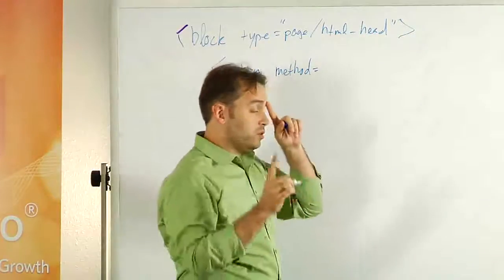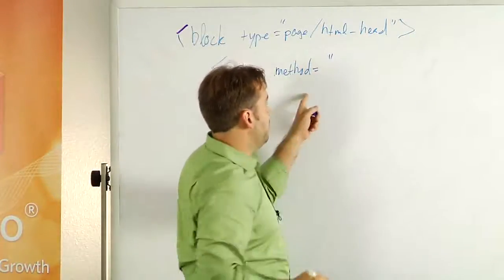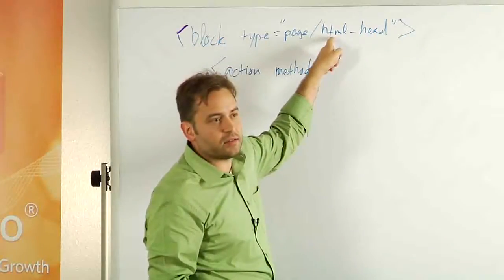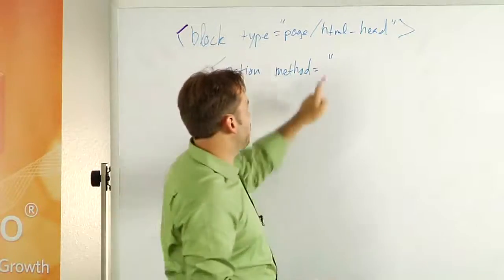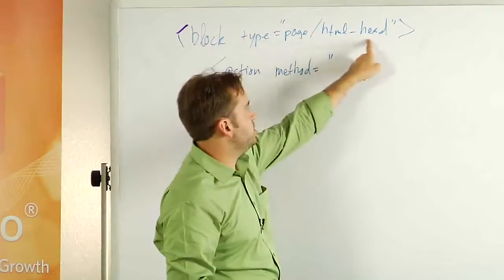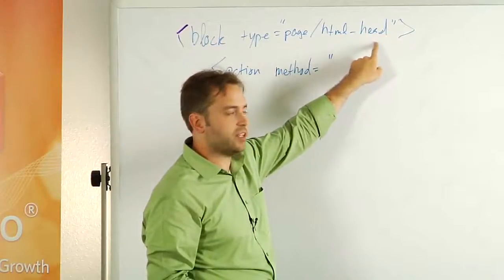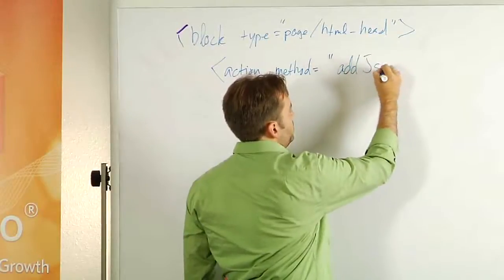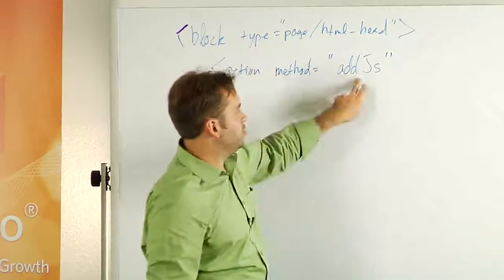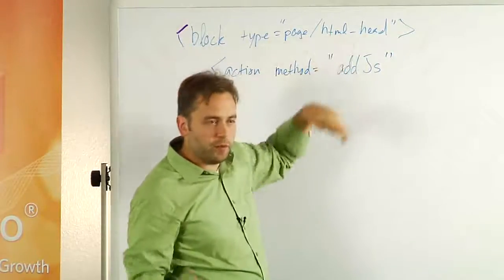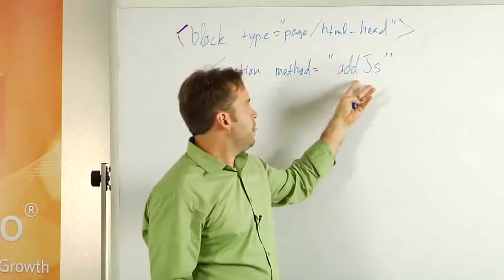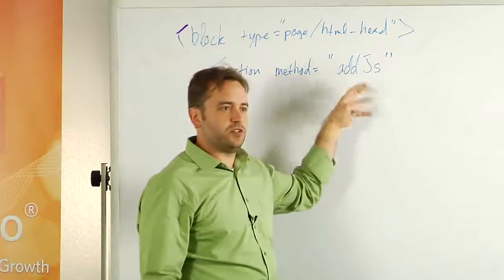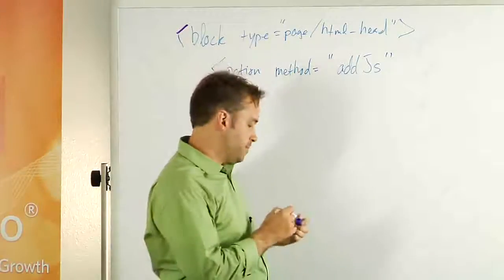Methods simply call a method that's defined in this block class. So that's why for where you see page HTML head declared in page.xml, you see things like add.js. And that's an actual method that's defined in here. And then we just saw a second ago how we can use the magic getters and setters to just supply arbitrary data.